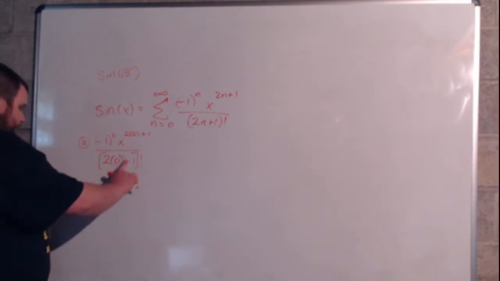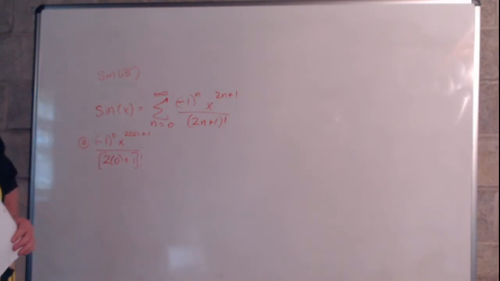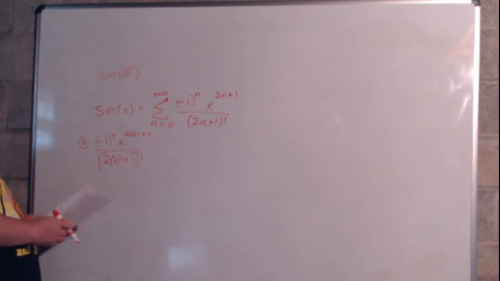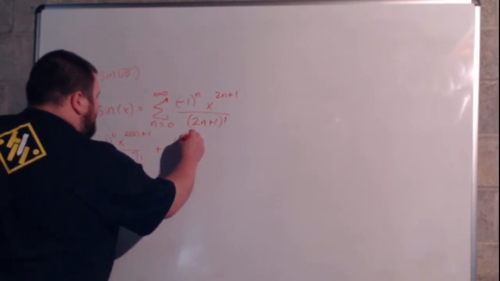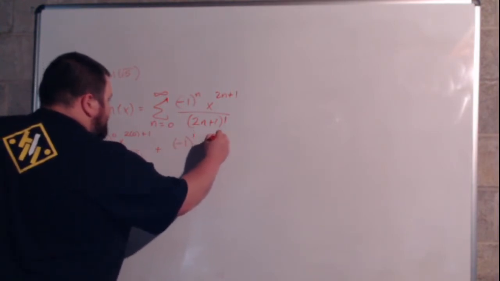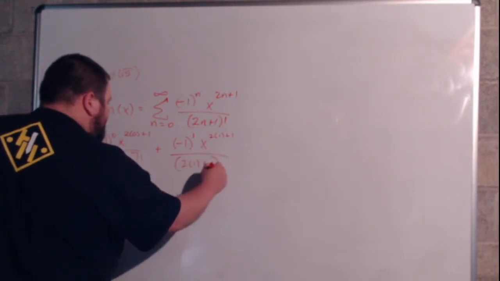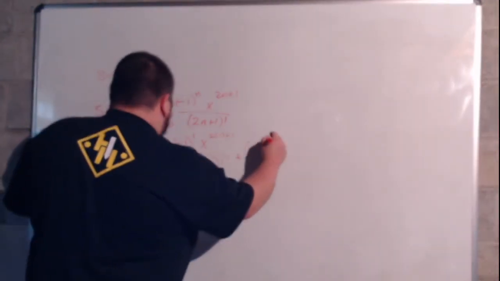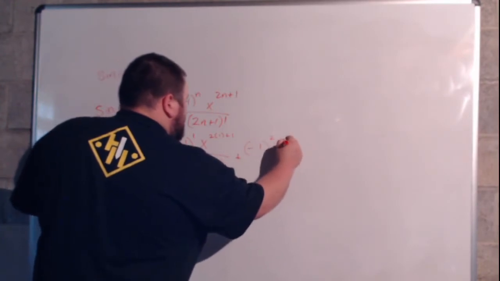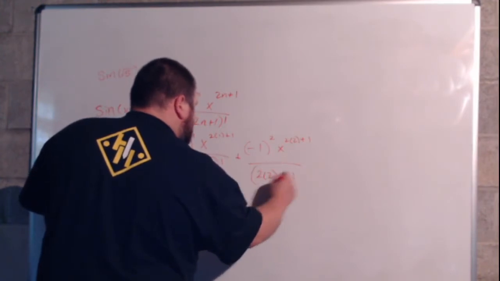That's the first term, and then the second term, -1 to the first, x to the 2 times 1 plus 1, over 2 times 1 plus 1 factorial, and the third term looks like that.